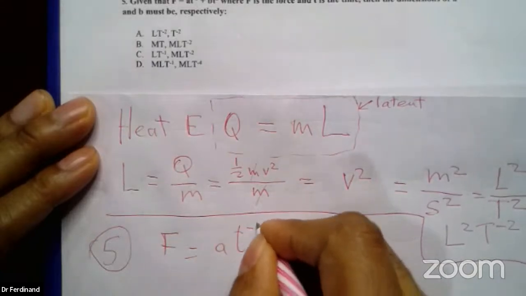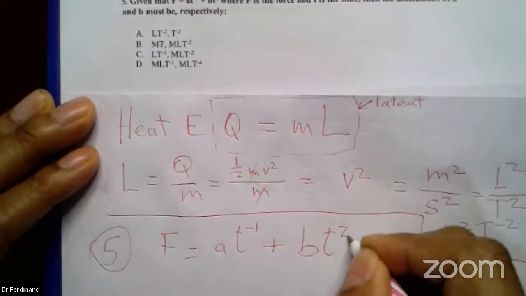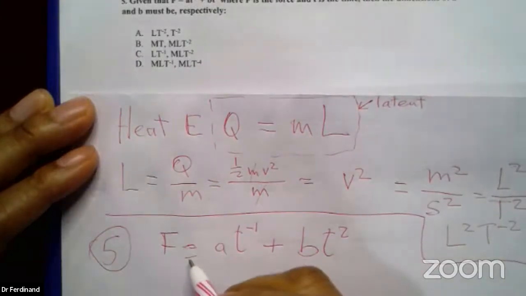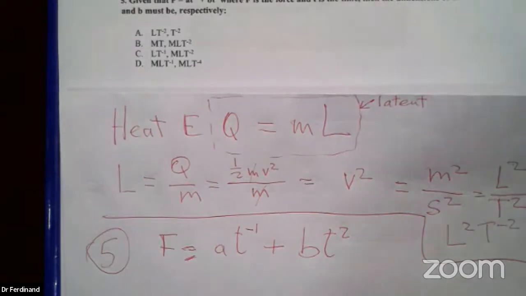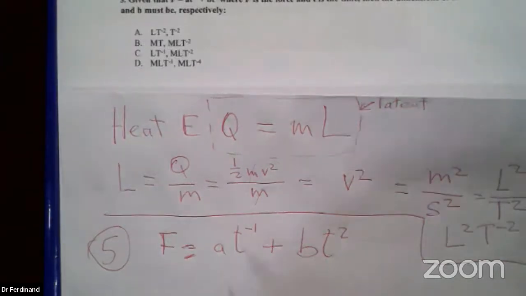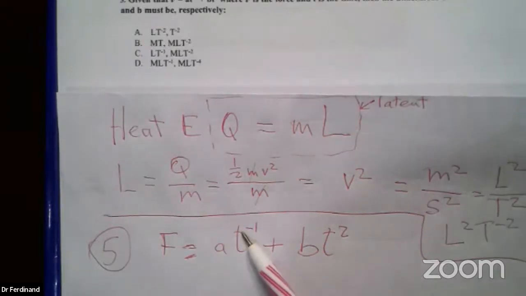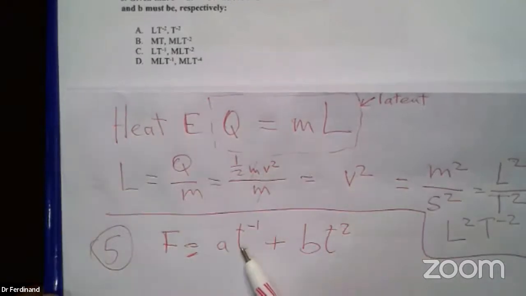T to the -1 plus BT, and that's squared. Okay, so what I can say for sure is, I have no idea what the units of A and B are. I do know that this is time, so in SI units, that would be seconds. And this is time squared. So that's seconds squared. This is the inverse of time, of course.